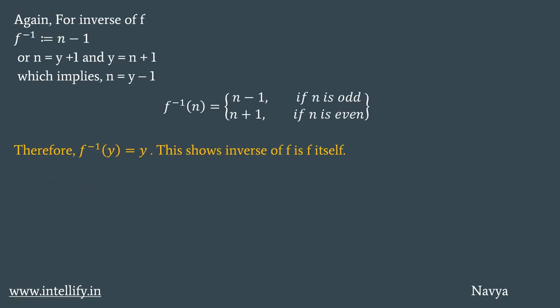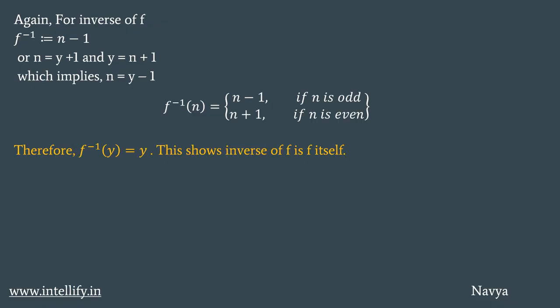So again, for inverse of f, since we got f as 1-1 and onto, we can now find out the inverse. So for inverse of f, f inverse is n - 1 for n = y + 1, and y = n + 1, which implies n = y - 1.